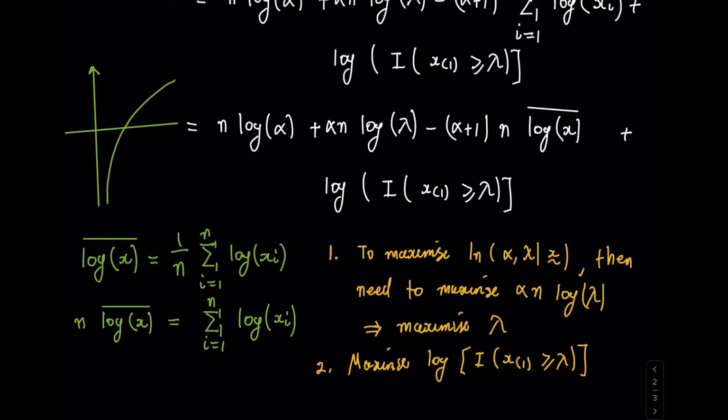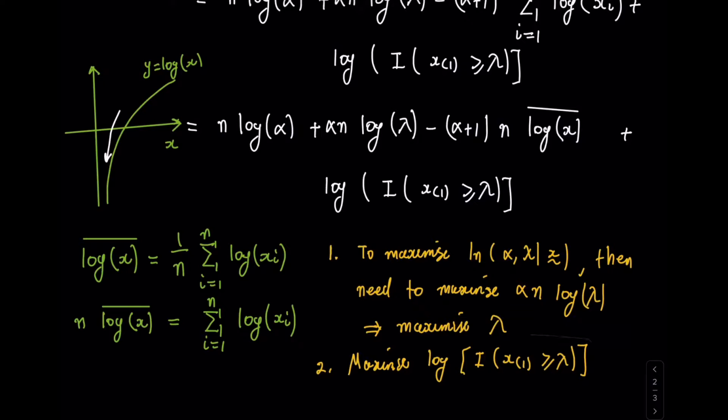I'll call it y equals log of x. If you were to approach 0 in this function, as you get closer and closer to 0, this would blow out towards negative infinity.